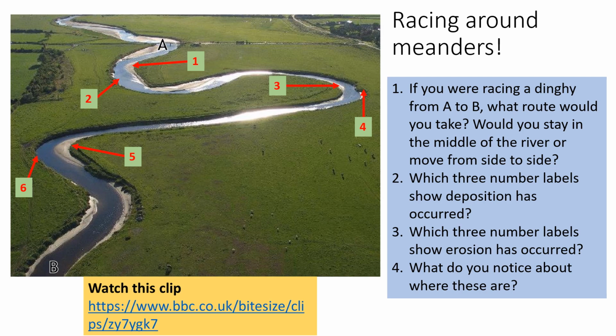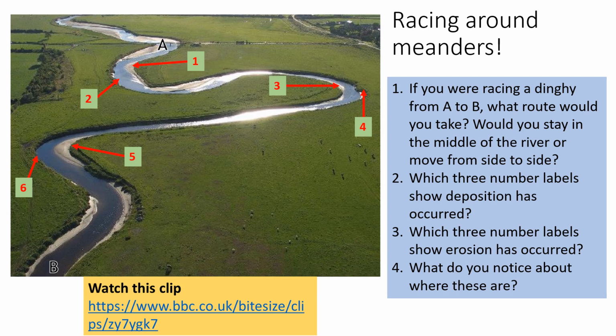Secondly, I've labelled 1 to 6 here. Which three number labels show deposition has occurred? Deposition is where material is dropped, so rocks and sand and so on are dropped down. Question 3, which three number labels show that erosion has occurred? Remember, there are 4 different types of erosion.